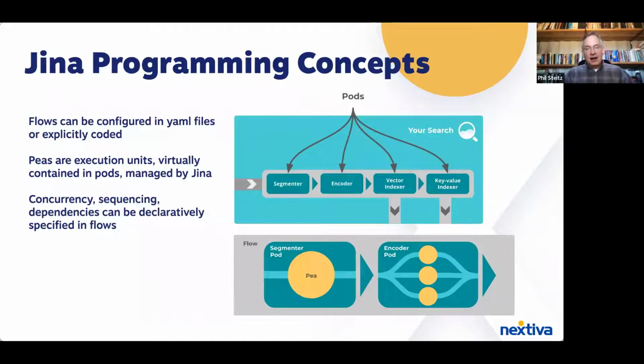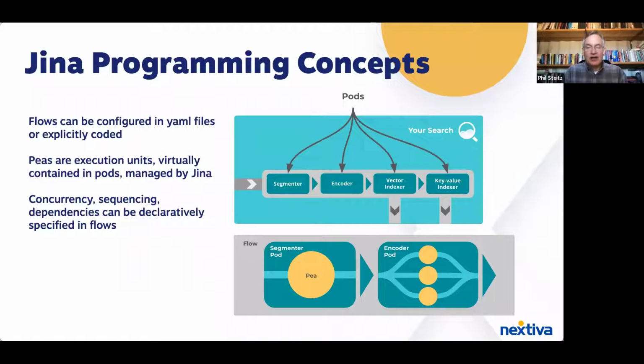and a little more of the kind of runtime architecture. The flows can be configured in YAML files, so you can declaratively specify how a flow works, and also configure it in the YAML file, or you could do it in code.